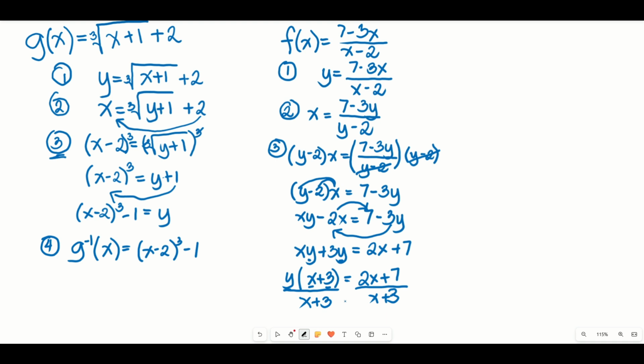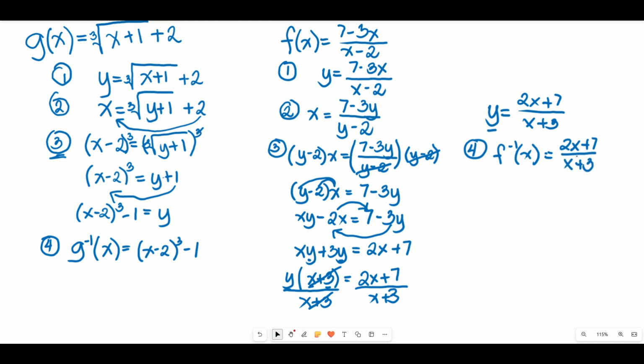And by division, so ito makakancel ko na tong dalawang x plus 3, I will be left with y is equal to 2x plus 7 over x plus 3. And for our last step, we need to replace y with the notation for inverse function. So that is f inverse of x is equal to 2x plus 7 over x plus 3.